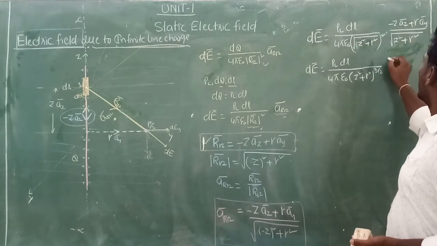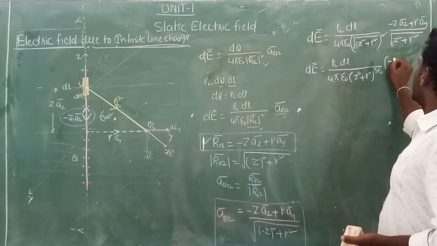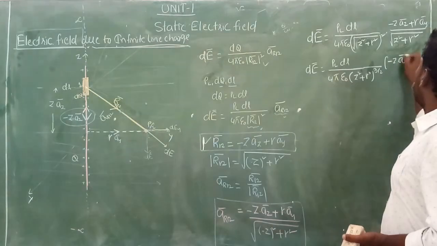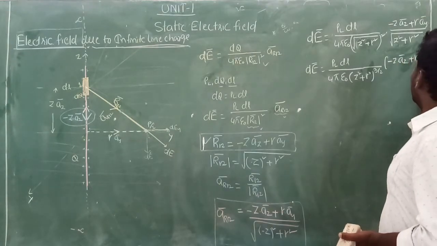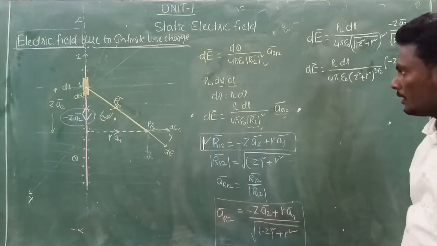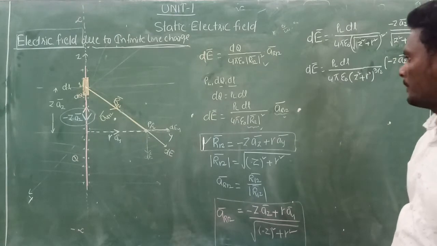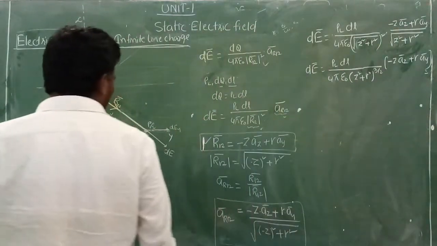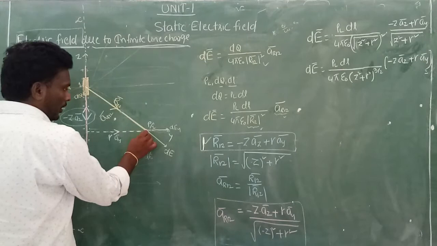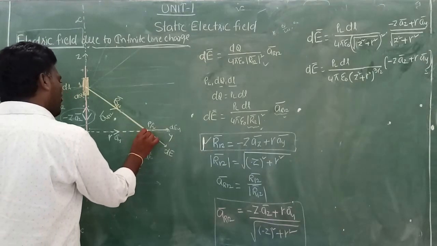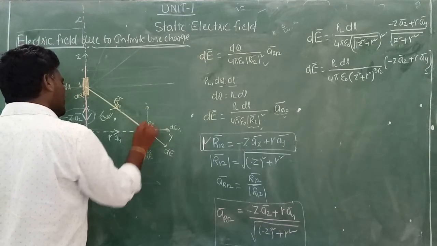Now we are left with only this term, that is minus z into az bar plus r into ay bar. Now see, at this point P, we have an electric field component along the positive z axis.